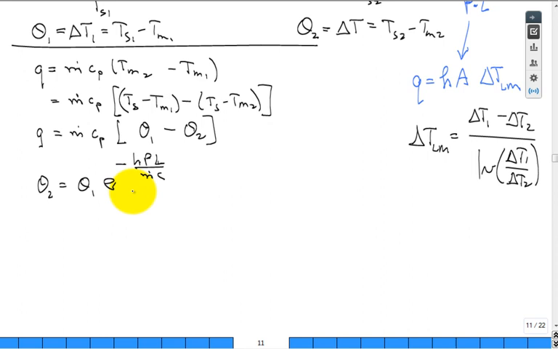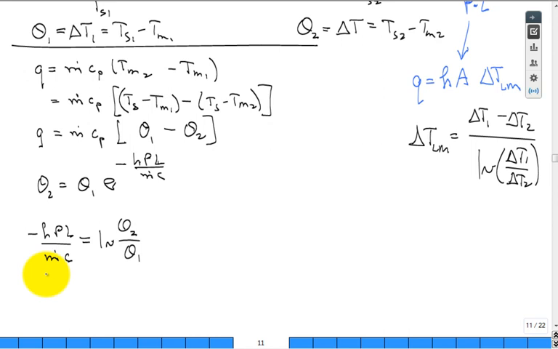All right. Rearrange this. So we're going to have theta 2 divided by theta 1. Take the natural log of that, and you'll have minus HPL divided by m dot C. Did I lose you on that? 2 steps? All right. It's getting close.